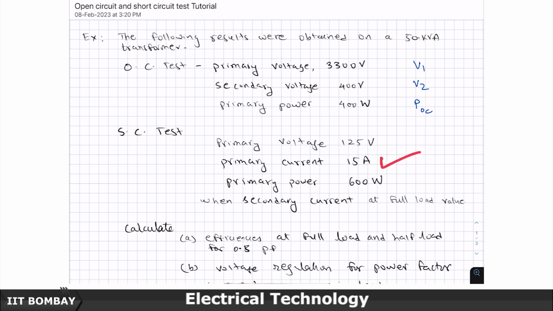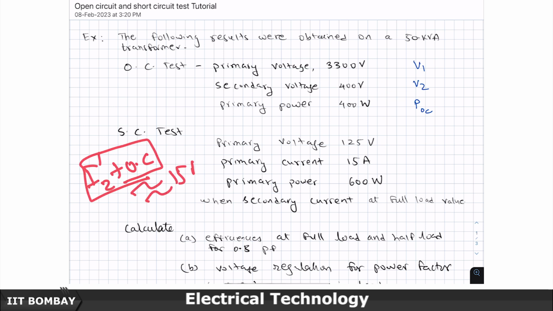The corresponding full load primary current would be 15 amperes. Actually, it would be I2 dash plus whatever open circuit current is required, which is approximately equal to 15 amperes.